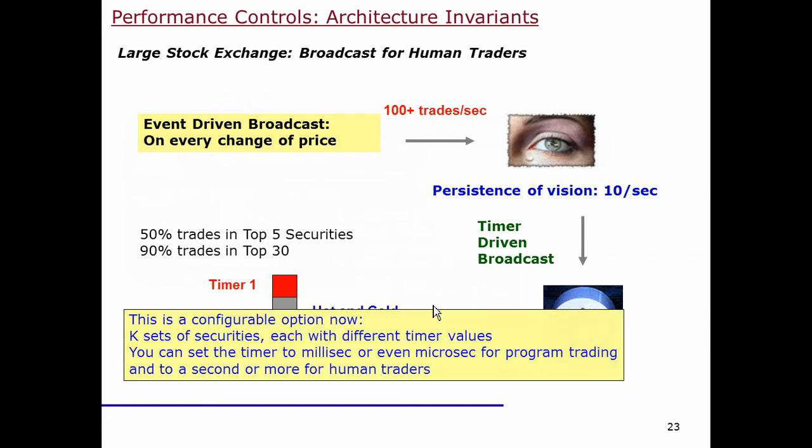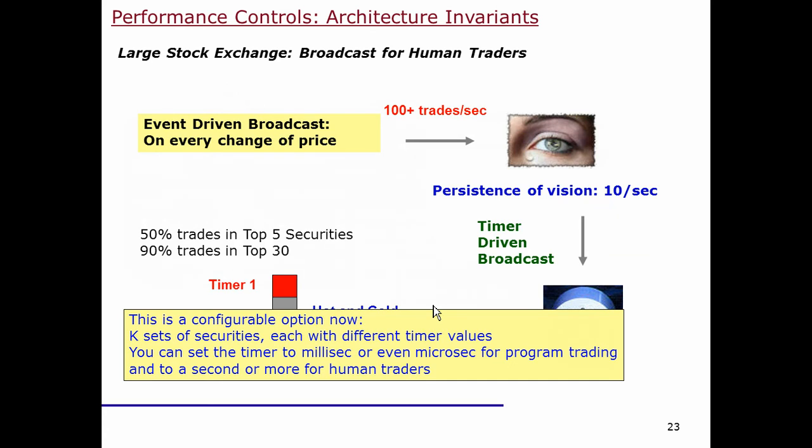Essentially, the idea is to make it a configurable option where you have k sets of securities, each with different timer values, and have these timer values changed as time progresses depending on the market requirements. So if, for example, you're dealing with program trading, which is very prevalent right now, you change the timer values to microseconds.